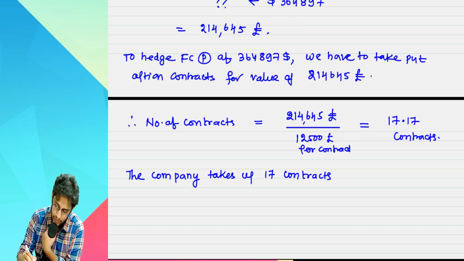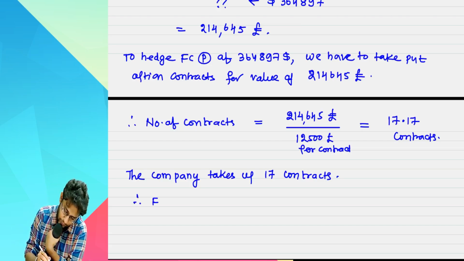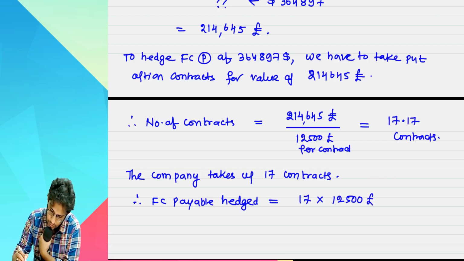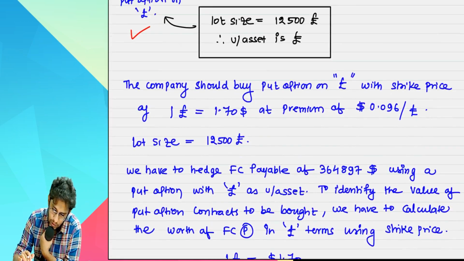First, the company takes up 17 contracts. Therefore, FC payable hedged is equal to 17 into 12,500 pounds, into, one second, what is the value per pound, sir?